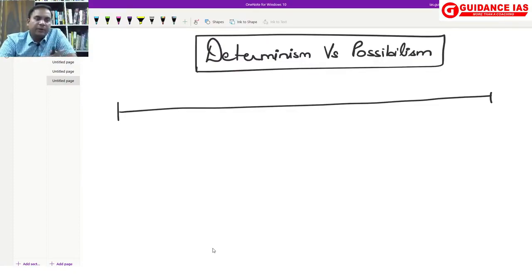Either we take an approach where we say that environment is superior to humans, or an approach where we say that humans are superior to environment, or somewhere in the middle. So here is the philosophy of determinism and here is the philosophy of voluntarism.